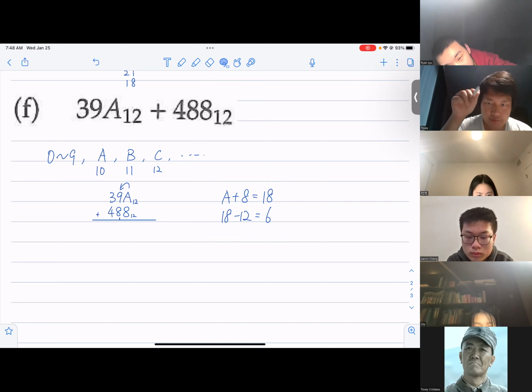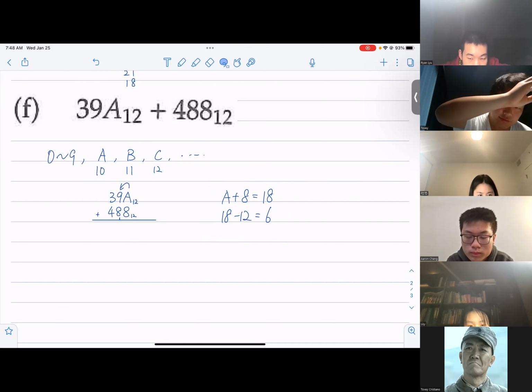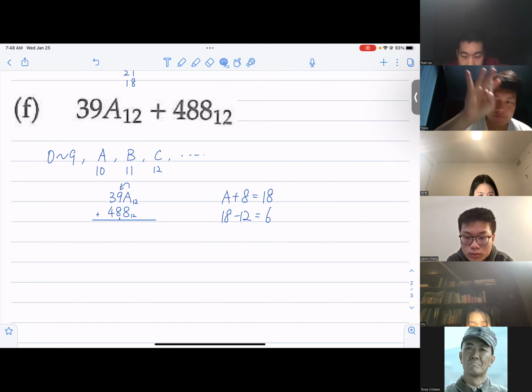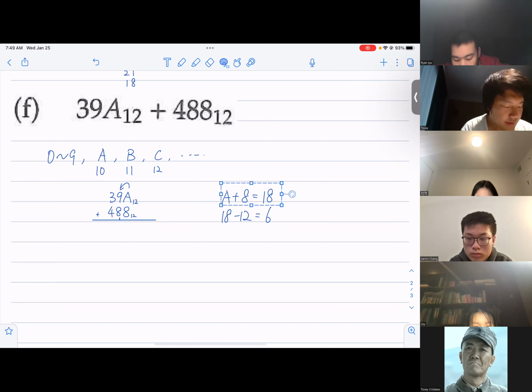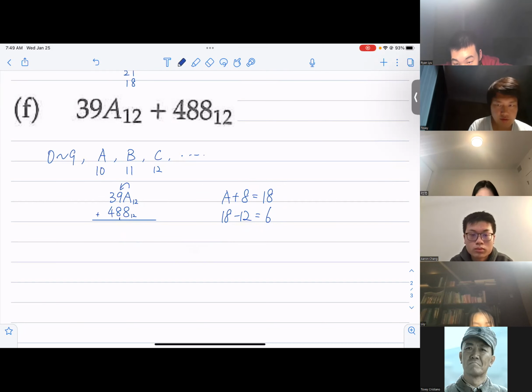Out of this 14, 10 is carried over to the next digit, so you only have 4 left in that digit. Does that make sense? In the decimal system, you carry over at every 10, so if you get 14, you carry 10 and have 4 left. In this base 12 system, you carry over at every 12, and what remains stays here, which is 6. Okay, everyone?